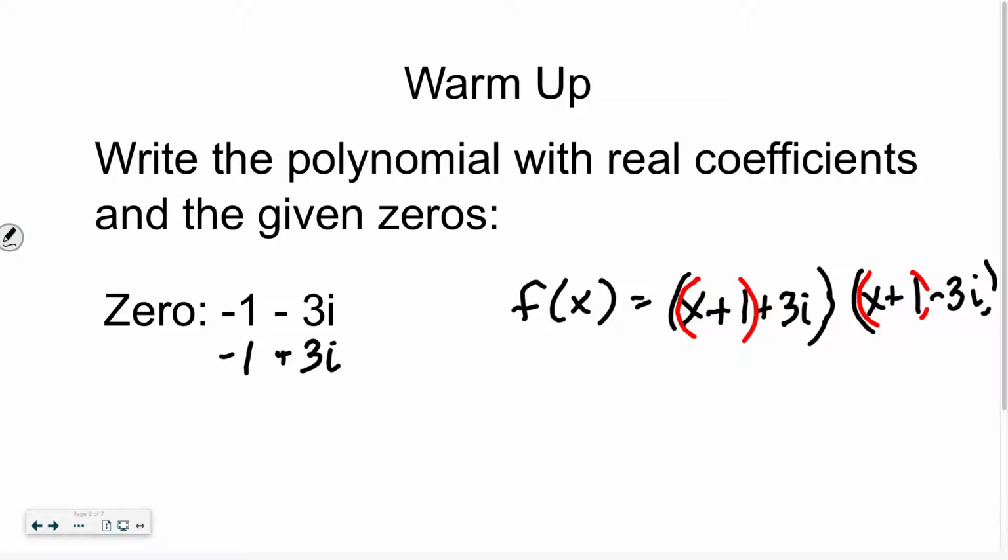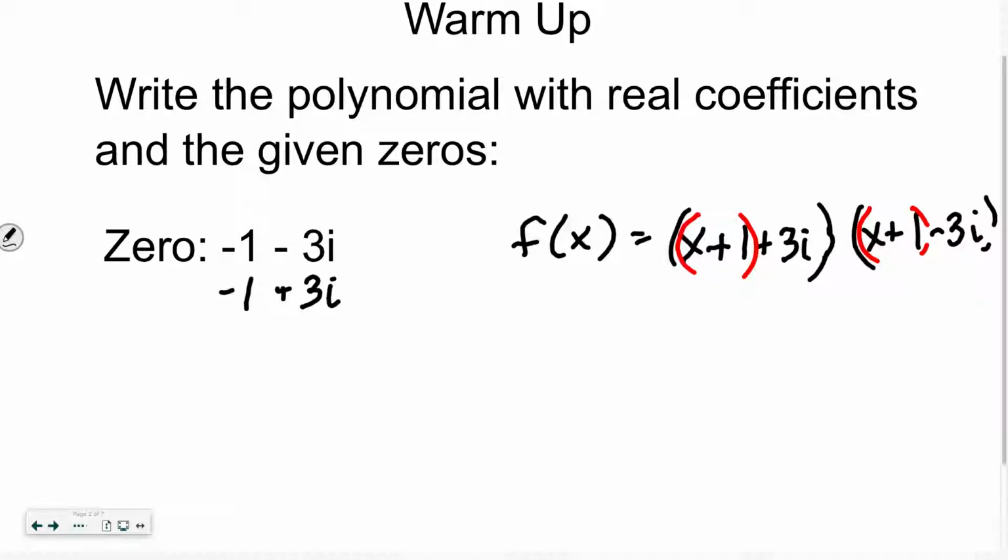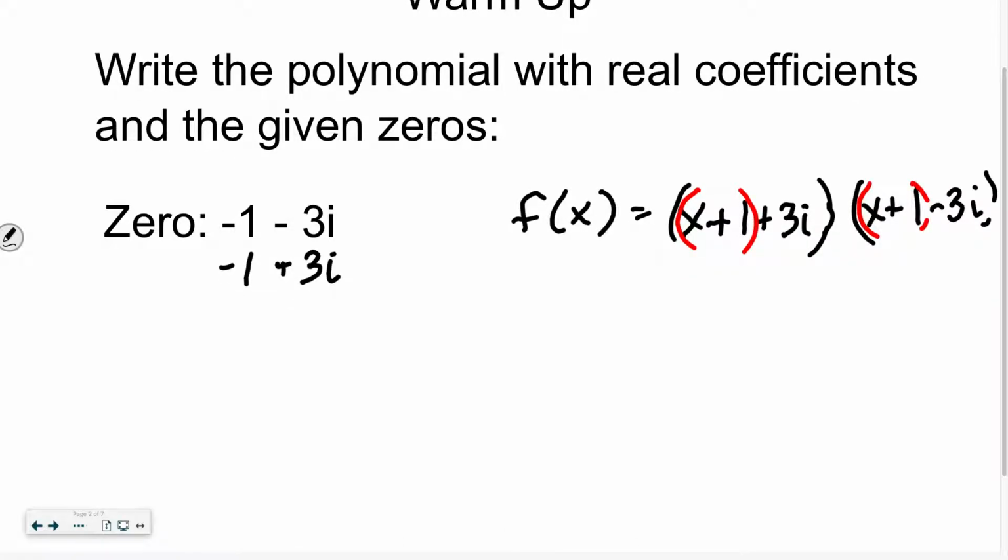Okay. So mathematicians are going to group the x plus 1's together, and they're going to say, that whole x plus 1 in parentheses, that's going to be my a, my first term. And then I have plus 3i, which is like my plus bi. And then in the other one, I have that same a again, x plus 1, and now I have minus bi.